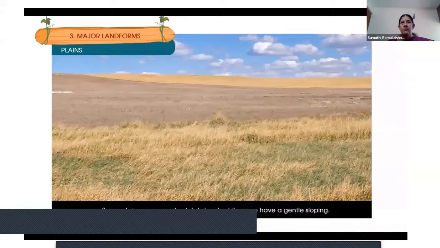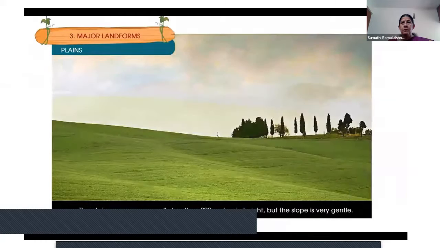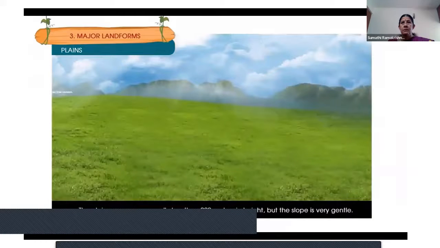Such plain areas have very fertile soil which is good for crops. The plain areas are more populated than mountains and plateaus. Many cities and towns have come up in plain areas. Some plains are located in the interior of continents. Others are along the seacoast.